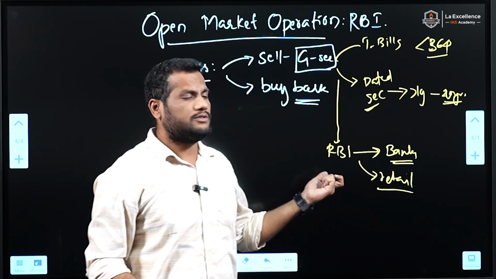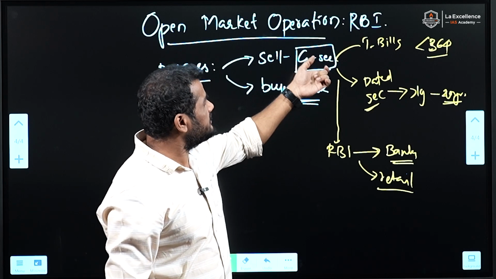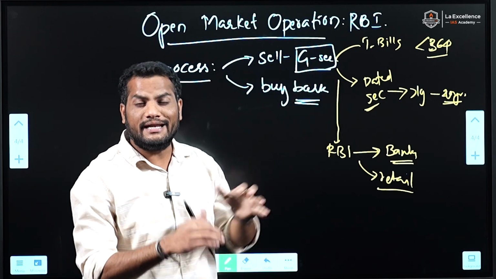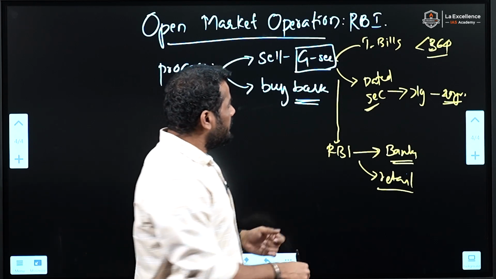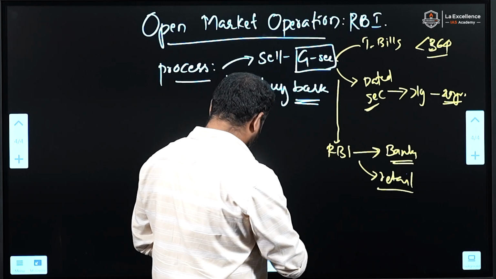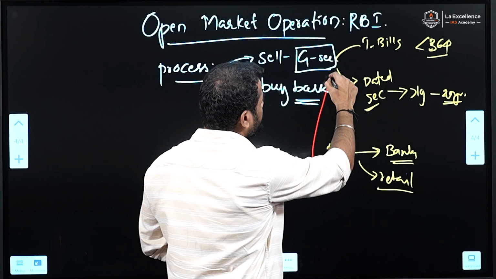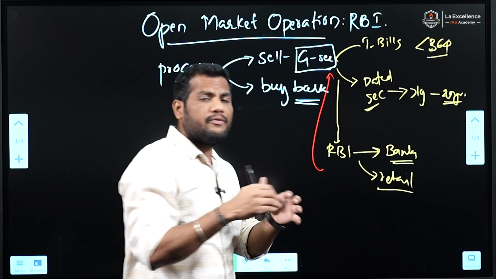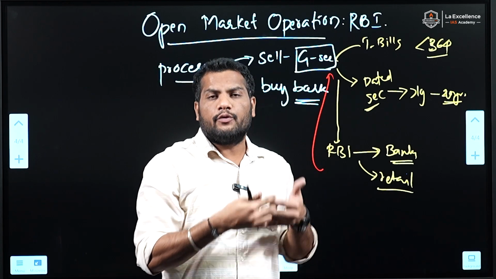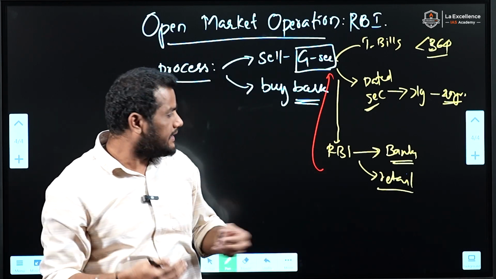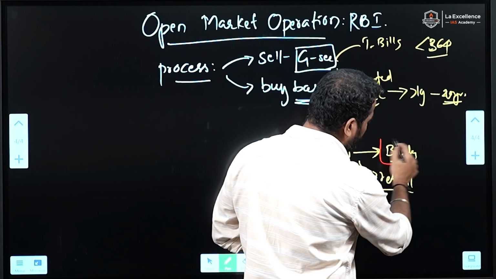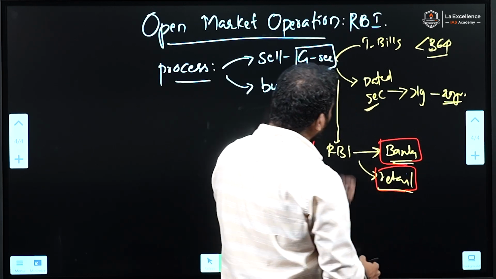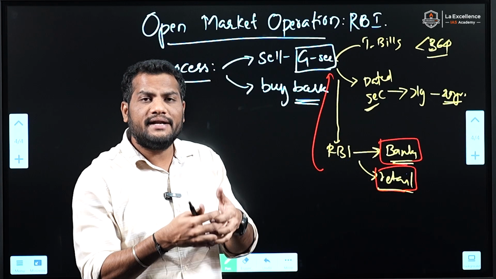Because of this, what happens? RBI sells these G securities issued by the government of India in the market, so it sucks liquidity back. RBI sucks the liquidity out of the Indian economy, especially from banks, private entities and retail individuals.